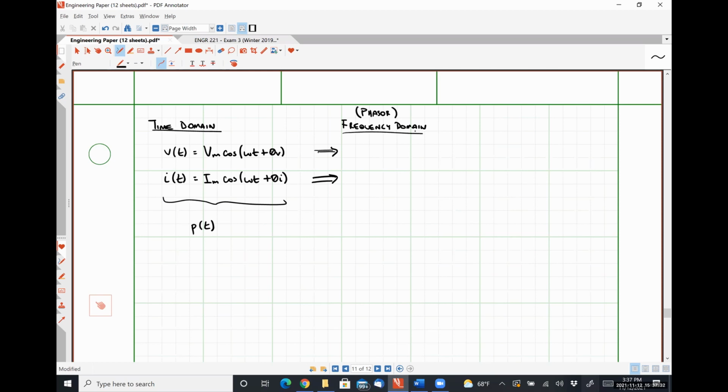So in the phasor or frequency domain, we represent our time domain quantity by a complex number, but we use a very specific shorthand notation. So our complex representation will simply be magnitude with an angle of theta v for our voltages, and our current will simply be the magnitude of our current with angle theta I.